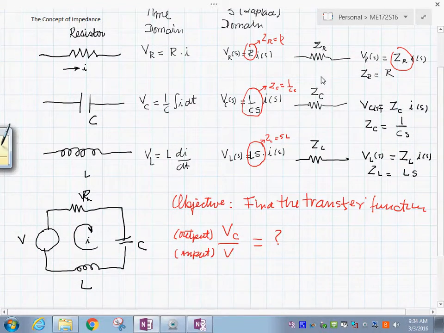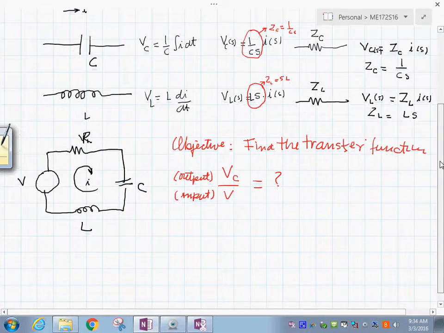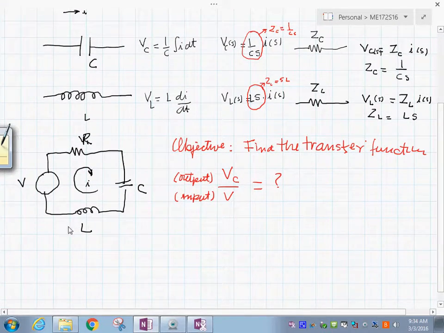I'm going to use this symbol here like this, and then I'm going to use this little symbol like this. They are not resistors because they are different elements, but they look like them.